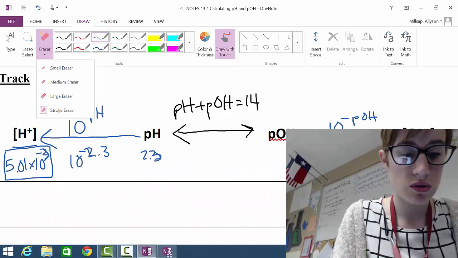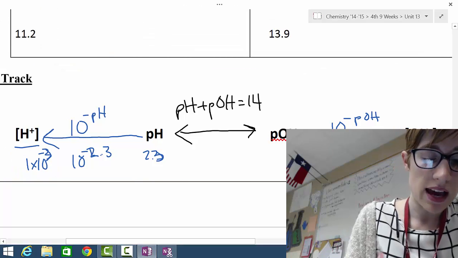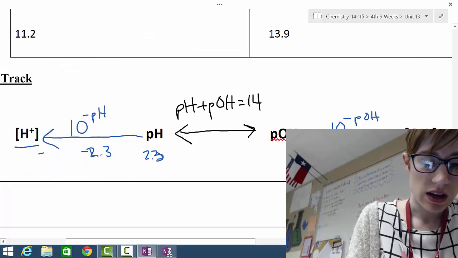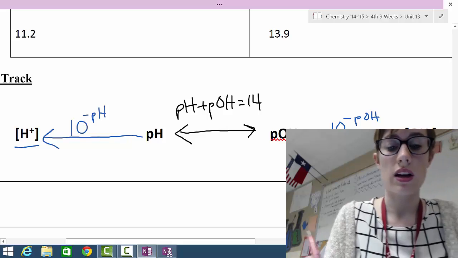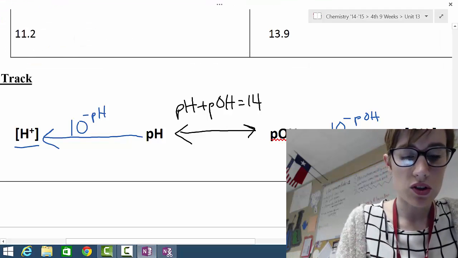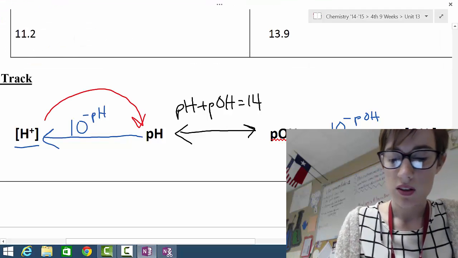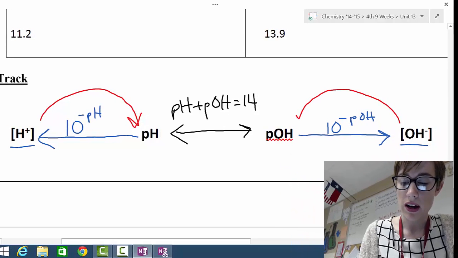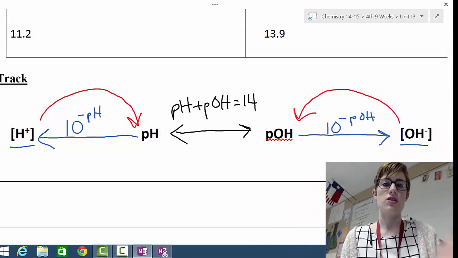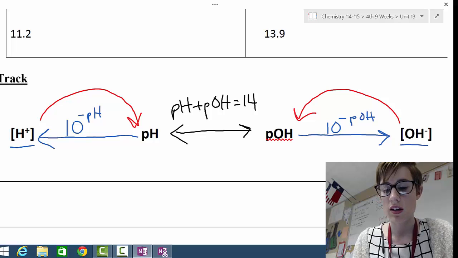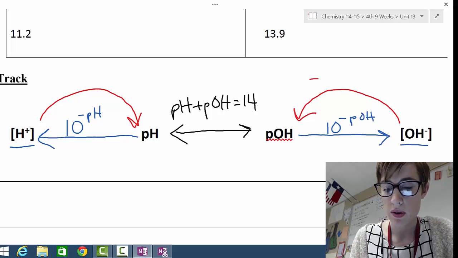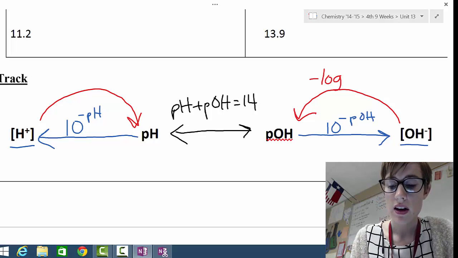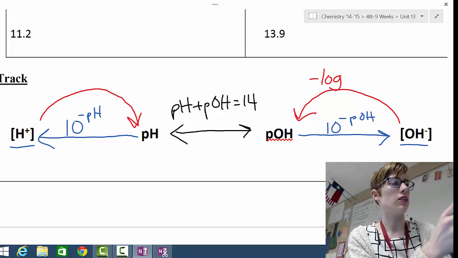Okay, so let me do the opposite. Let's say I give you concentration. Say I gave you H concentration or OH concentration, and I want you to go to pH or pOH. There's not an easy way necessarily to remember this, but you just have to memorize it. You'll do the negative, and you'll hit the log button on your calculator, okay?